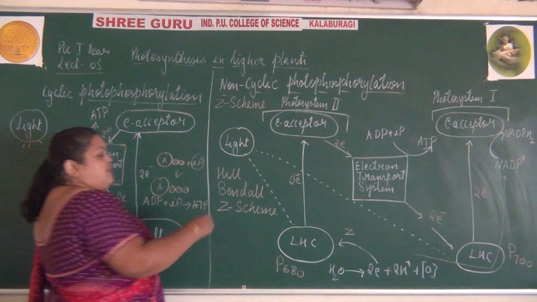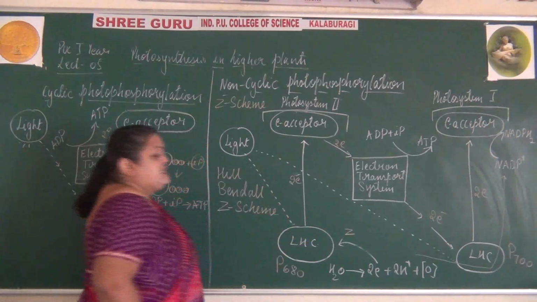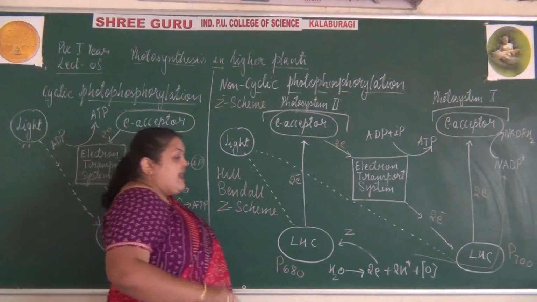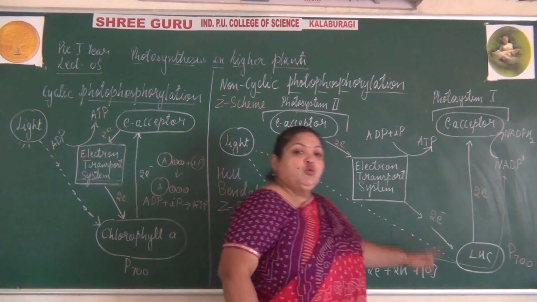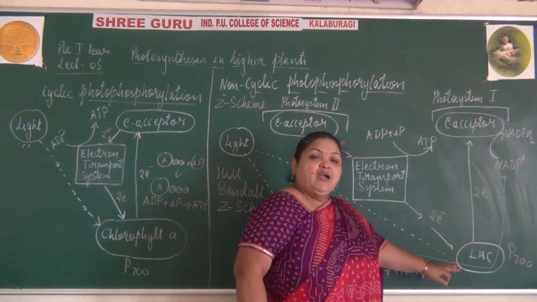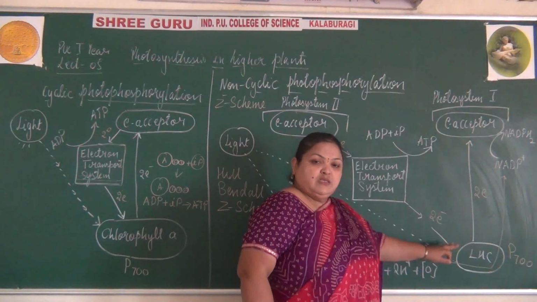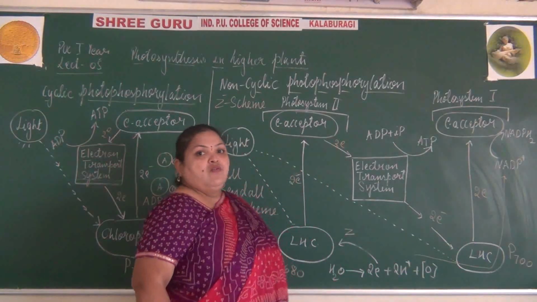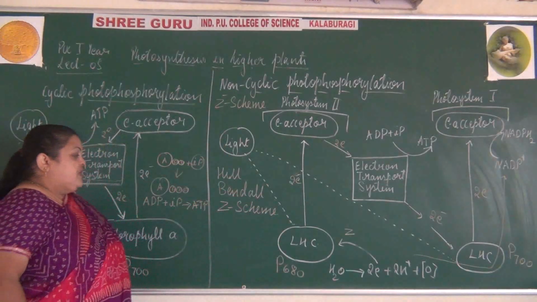While here the movement of electrons is unidirectional, only in one direction, and the electrons do not reach back to the photosystems. So it is known as non-cyclic photophosphorylation.